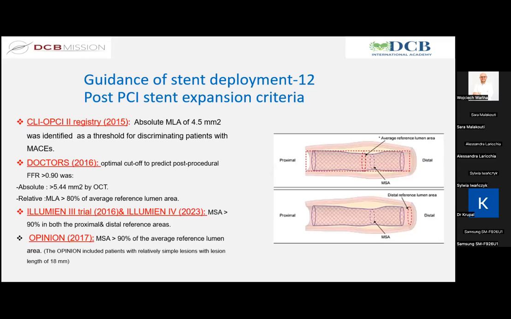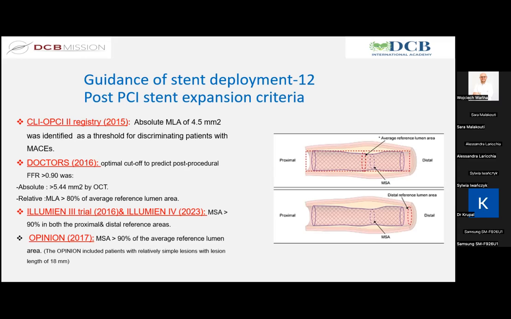About the post-stent expansion criteria, the CLI-OPCI registry used an absolute minimum lumen area of 4.5 square millimeters as a threshold for discriminating patients with MESES. The DOCTORS trial used an absolute minimal lumen area of more than 5.4 square millimeters, or a relative one, with minimal lumen area more than 80% of the average reference lumen area.